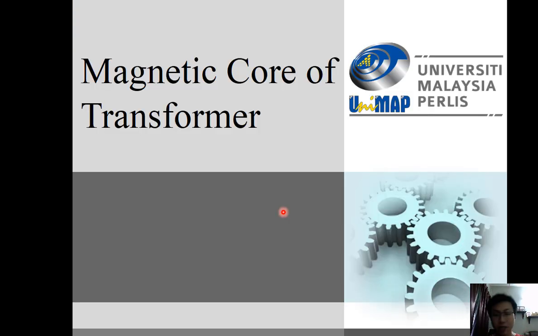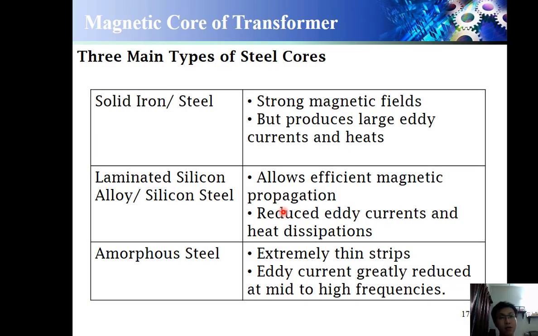Next, we'll talk about the magnetic core of the transformer. There are three main types of steel core: solid iron or steel, laminated silicon alloy or silicon steel, and amorphous steel. Solid iron or steel gives a strong magnetic field but produces large eddy currents and heat, so this is not very good. Laminated silicon alloy or silicon steel allows efficient magnetic propagation and reduces eddy currents and heat dissipation.